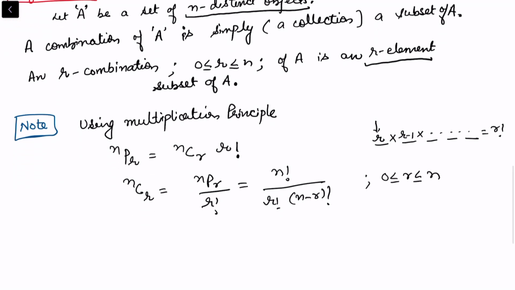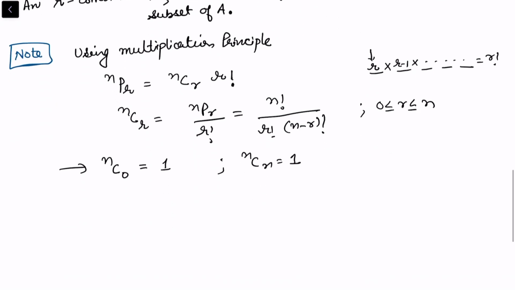Now we can note further that NC0 is of course 1, and NCN is also 1. And NCR, which we just explained, is n factorial over R factorial times n minus R factorial.